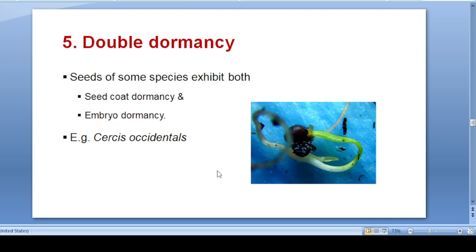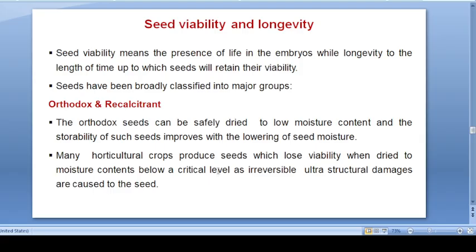Both will be in a dormant situation. This is commonly seen in Cercis occidentalis, and even in some forest tree species we can see double dormancy. So these are all the types of dormancy.